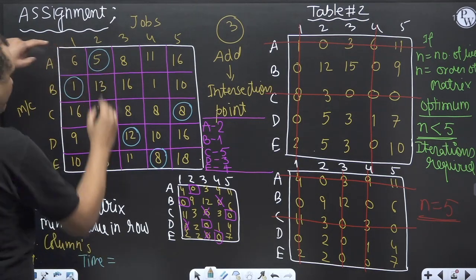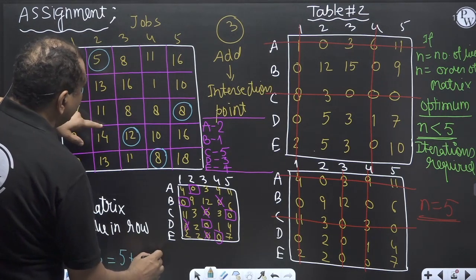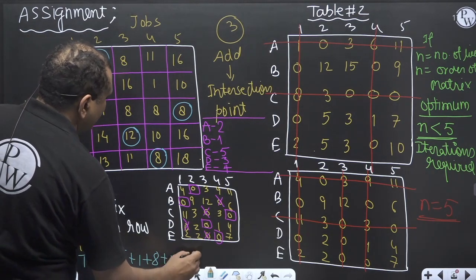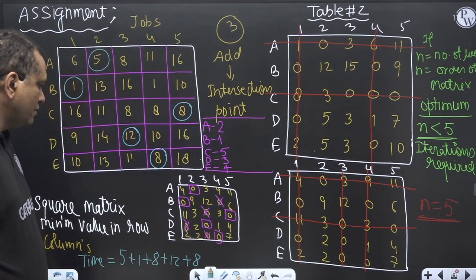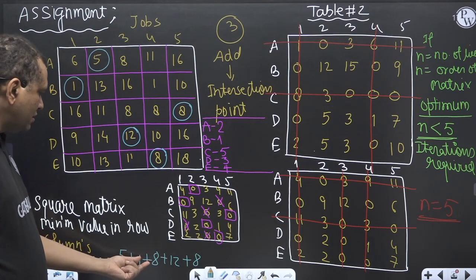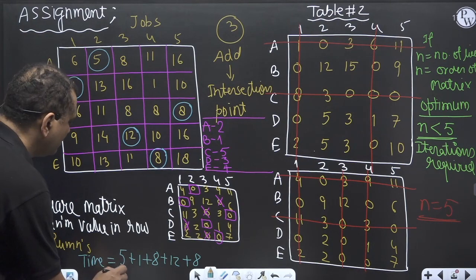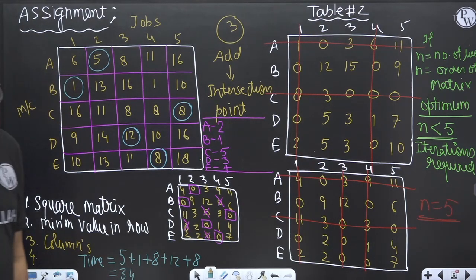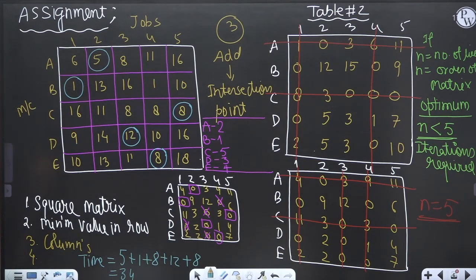So the total optimum time will be 5 plus 1 plus 8 plus 12 plus 8, 20, 30, 34. Correct? 34, projected on the original matrix.